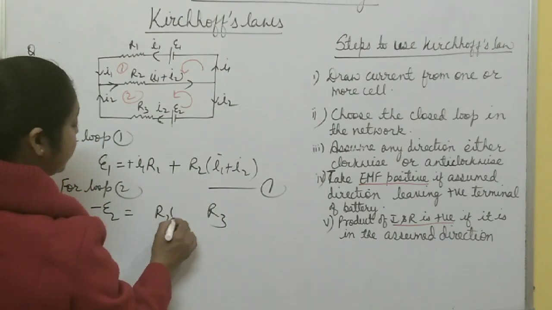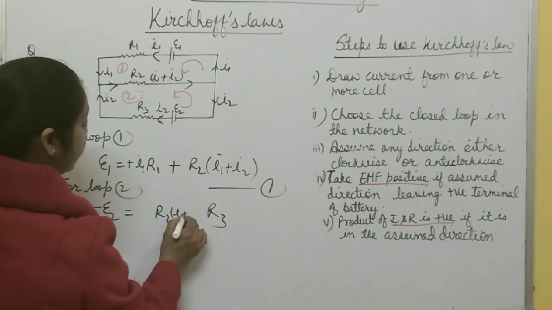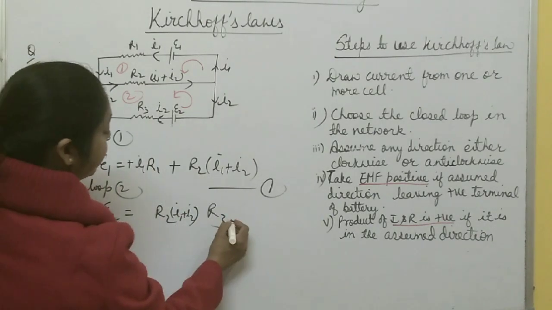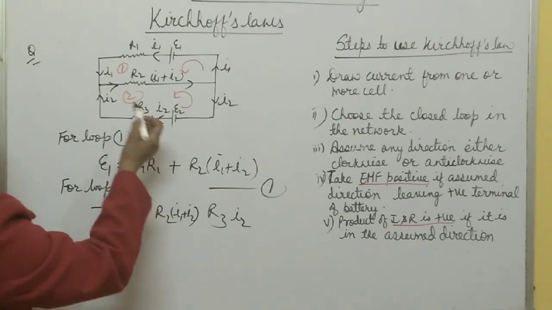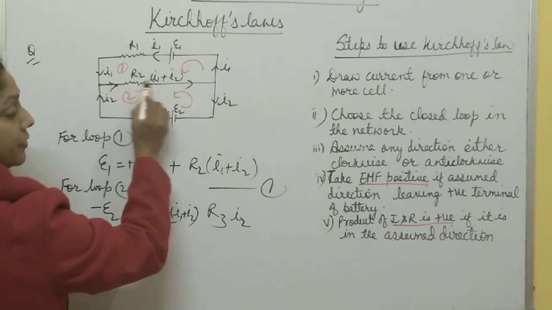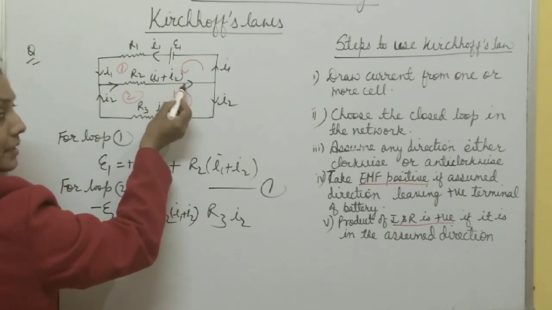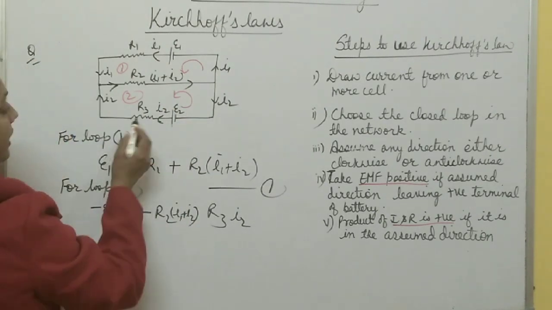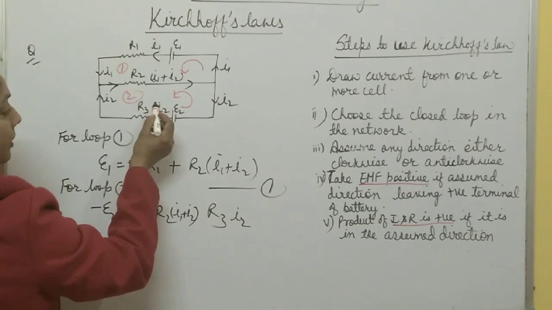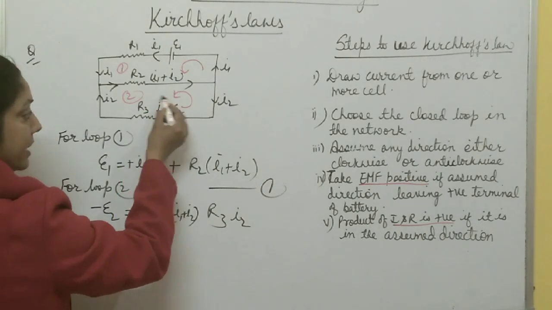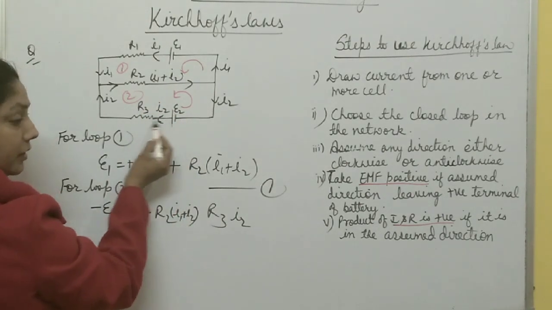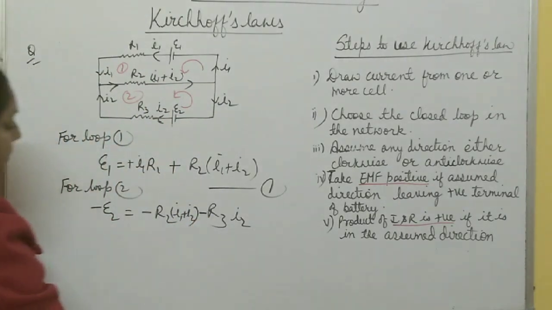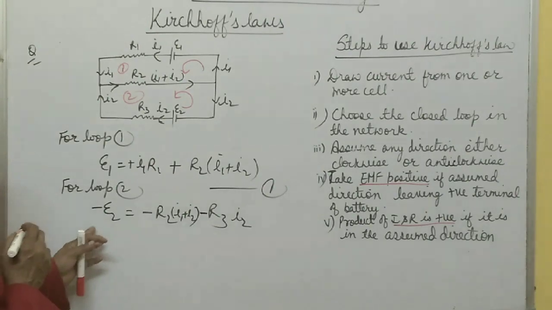In R2, how much current is flowing? I1 plus I2, and in R3, I2 current is flowing. Now I put signs. Here current is flowing through R2 opposite to the anti-clockwise direction I have chosen, so I will take this negative. Again in R3, the loop is anti-clockwise, but the current is flowing in the clockwise direction, so this one is also negative. In this way you write the equation.